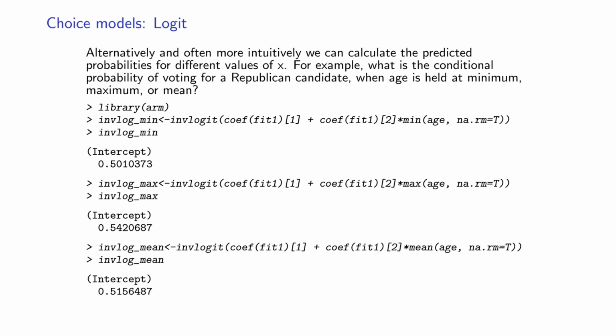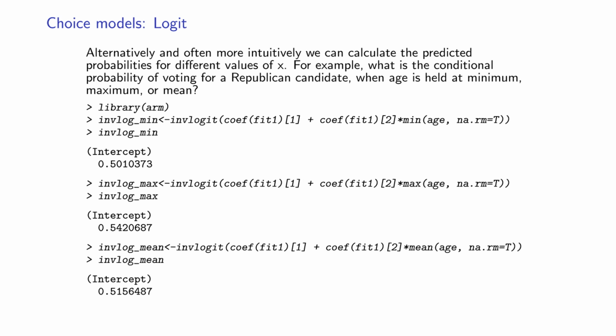That is the minimum voting age in the US and also the minimum age of voters in our data set. We add the intercept and the coefficient multiplied by the value of age we just selected, and transform this equation using the inverse logit function. So now the predicted probability of voting for a Republican candidate for 16-year-old voters is roughly 50%.